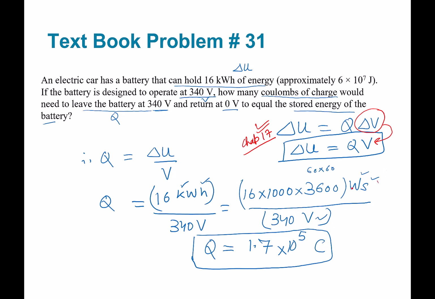If all the units are in the SI system, you can simply write coulombs for your charge. The amount of charge that is leaving the battery and entering back into the 0 volt terminal is 1.7 times 10 raised to 5 coulombs.